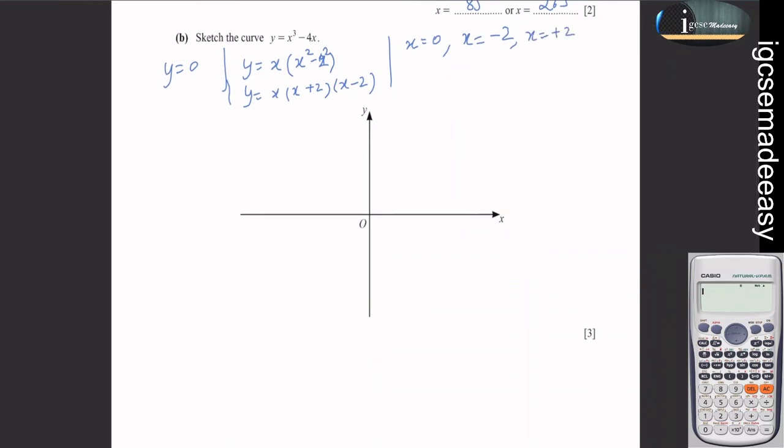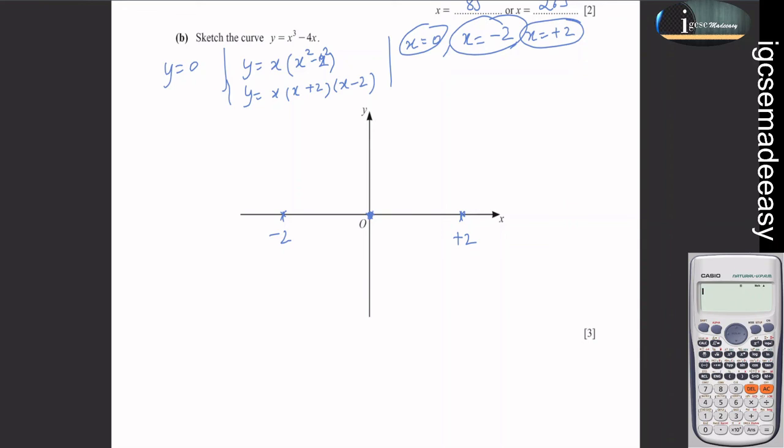All three values will come where the graph is cutting the x-axis. Let's say x equals minus 2 is here, x equals plus 2 is here, and x equals 0 is here. So the graph cuts the x-axis at all three points.